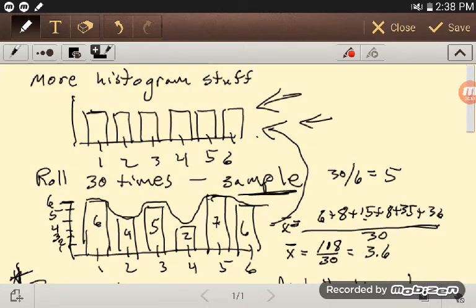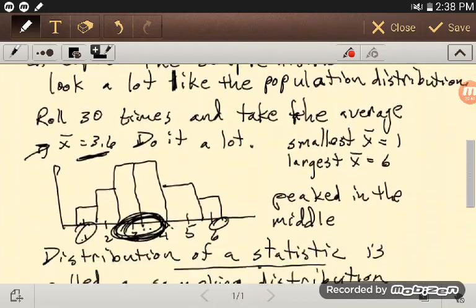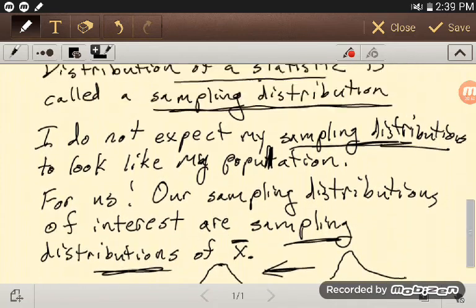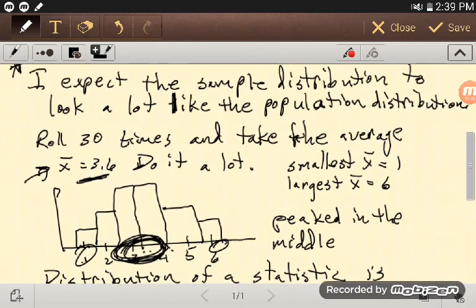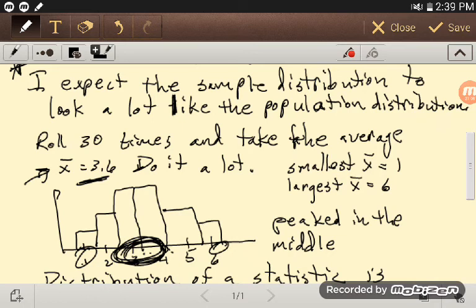Population distribution, very flat and wide down here. The sampling distribution for X bar is going to be peaked in the middle, very little on the ends, and actually the more rolls I make, the narrower and narrower that hump should be.